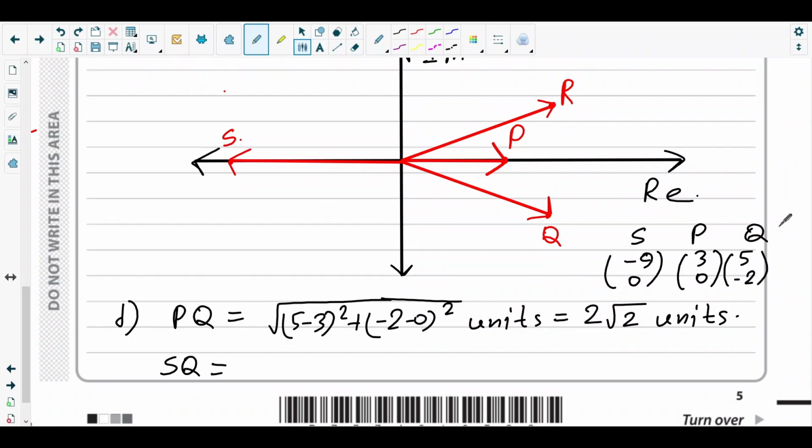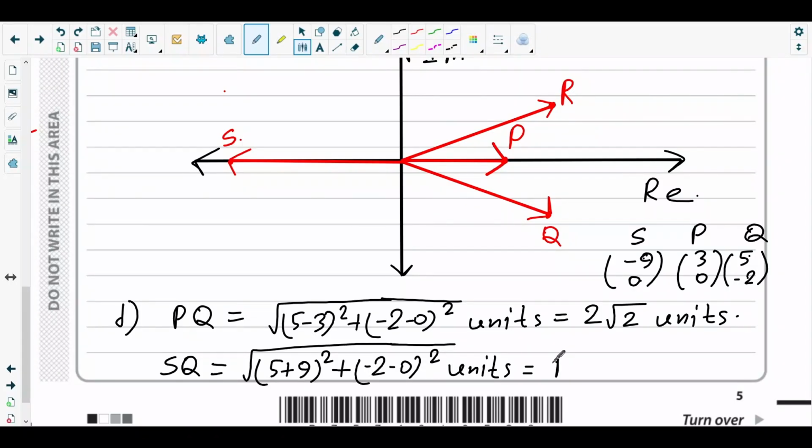So SQ is the square root of (5 plus 9) whole squared plus (-2 minus 0) whole squared. So 5 plus 9 is 14. 14 squared is 196, plus 4, which is the square root of 200. So the square root of 200 is 10 square root of 2 units.